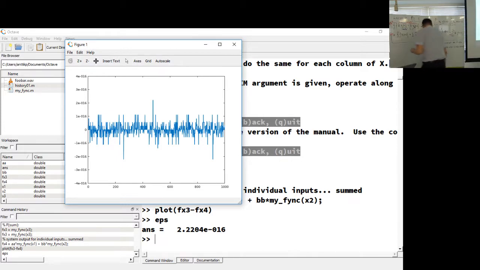So calculate the norm of fx3 minus fx4, but for this one I would take out some of these variables which I know are not correct. So let's take the artificial part out.